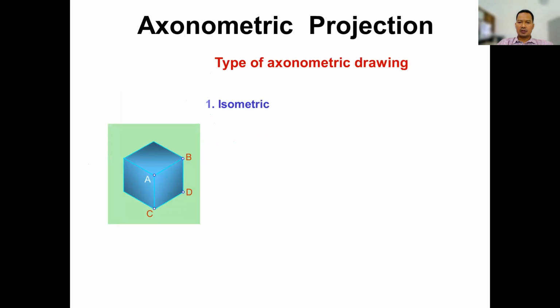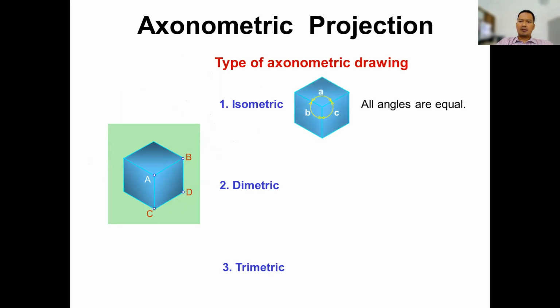Types of axonometric drawing: we have isometric, dimetric, and trimetric. For the isometric, for example, we have the object like this. We can see the faces A, B, and C, and all angles are equal, as described on the screen here.